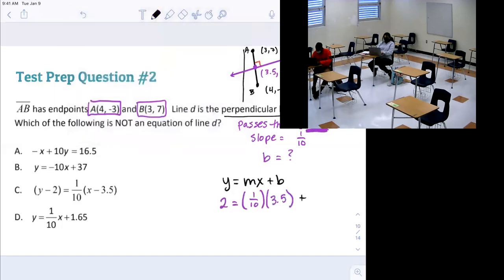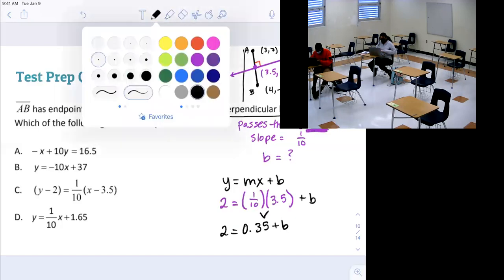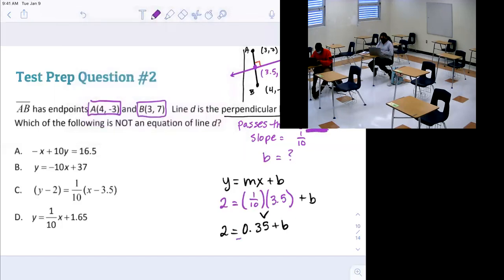Good, let's do this math. You can use your calculators for this. 3.5 divided by 10, what does that give you? 0.35. Good, 0.35. And to get my final value, I need to subtract that from both sides.